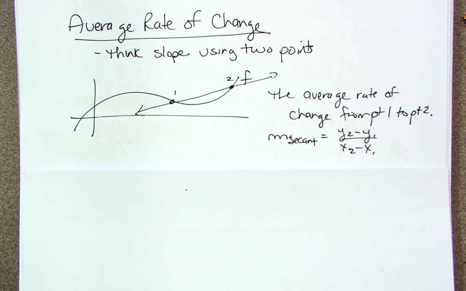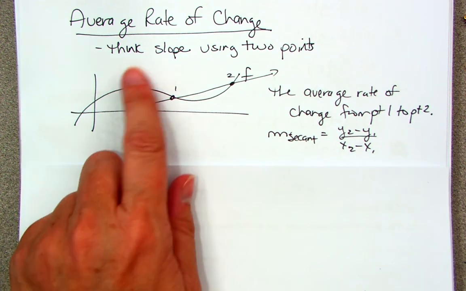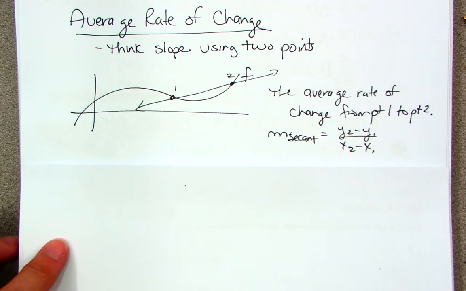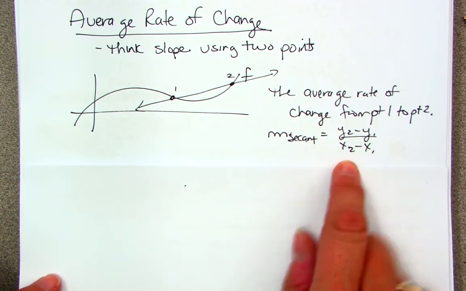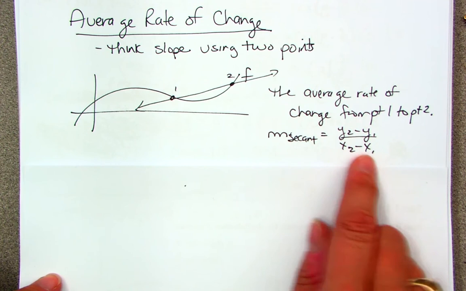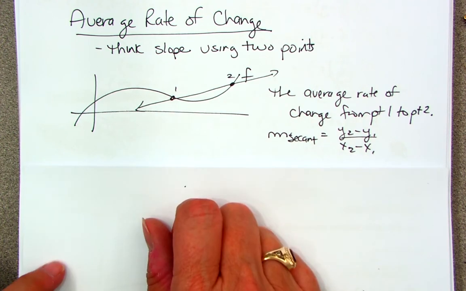So average rate of change. For me, I kind of think of it as thinking of slope using 2 points. So I have some function f that's curving, and if they ask me to find the average rate of change, well, I'm going to use the generic slope equation, y2 minus y1 over x2 minus x1, my 2 points.